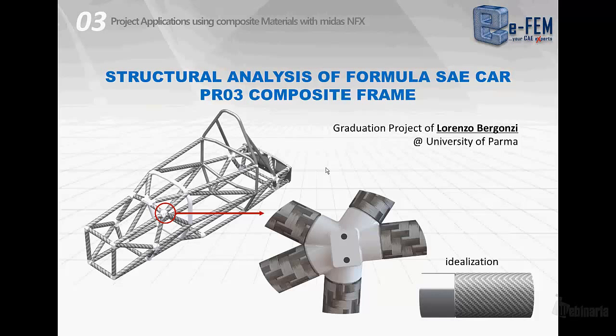These joints have been idealized as shown in the picture, and the study will start from the generic study of the global model of the frame and will end with the evaluation of the worst bonded joint, by means of a sub-model of the bonded joint itself.